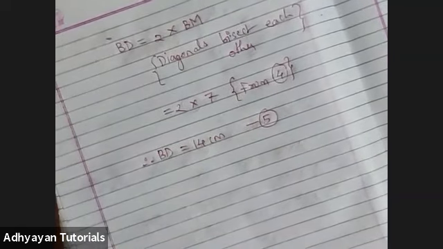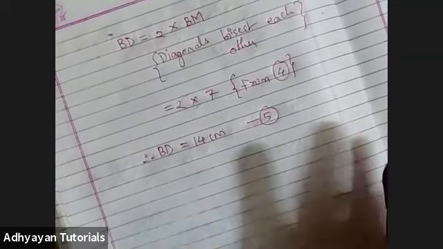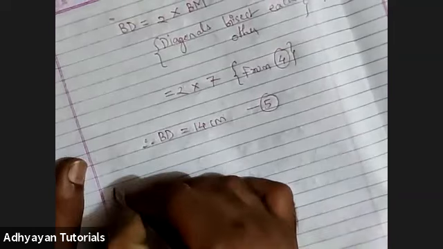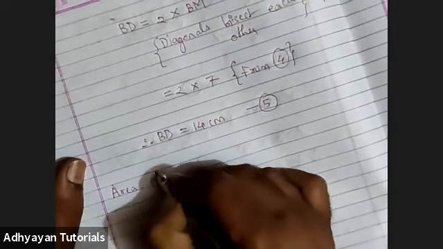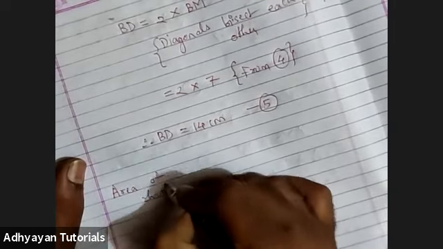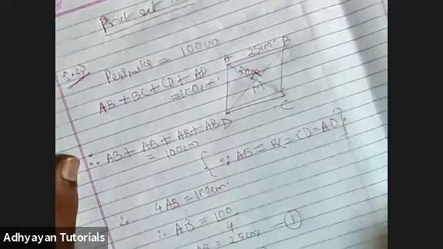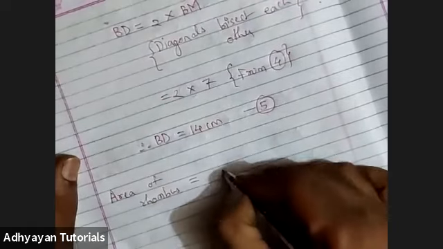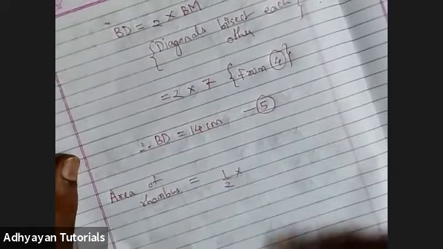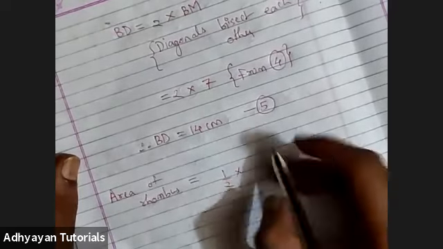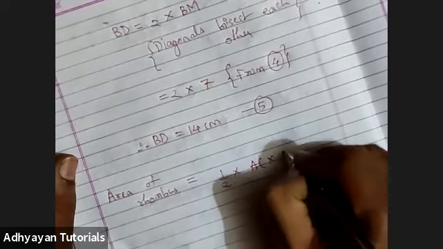If you all remember, what we needed to find was the area of the rhombus. So the area of the rhombus ABCD, whose two diagonals are AC and BD, has to be half into the product of the diagonals, that is AC into BD.